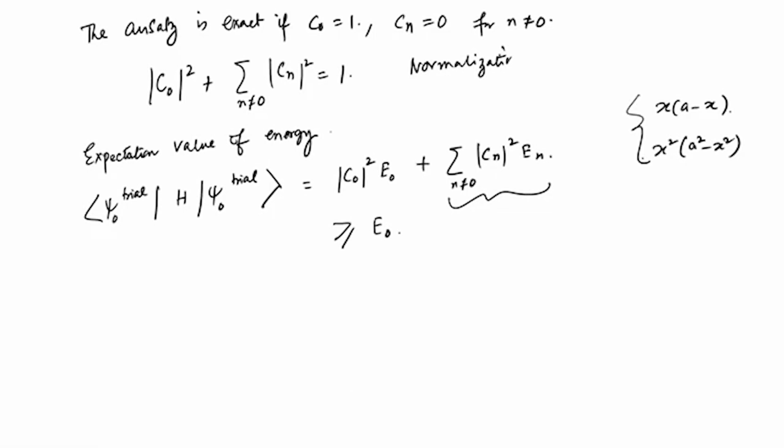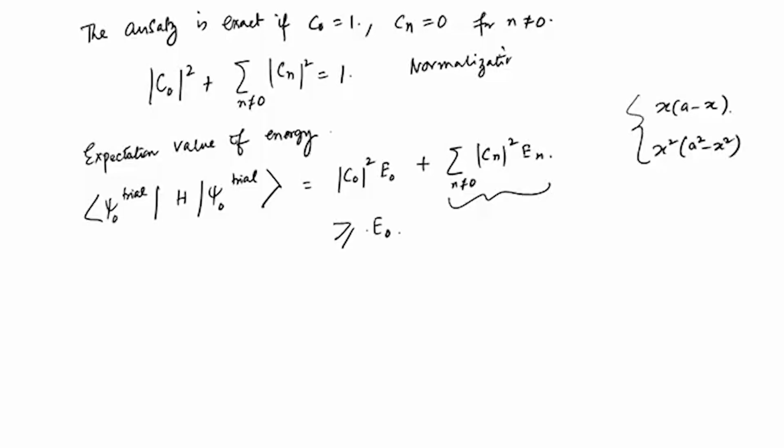Of course, you do not see a variational parameter here, but this variational parameter can in fact be put in the exponent for the particle in a box, and we will do some other problems where you can actually minimize with respect to the variational parameter.